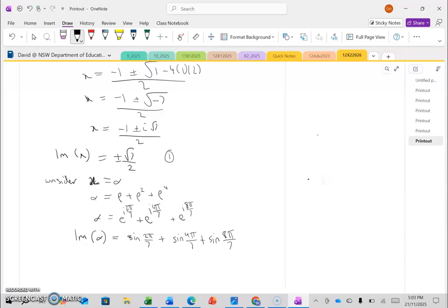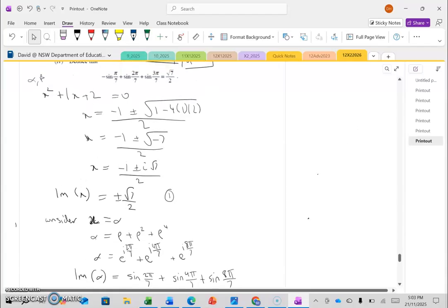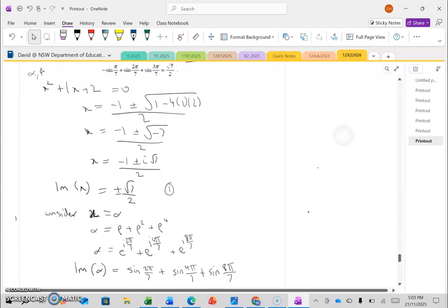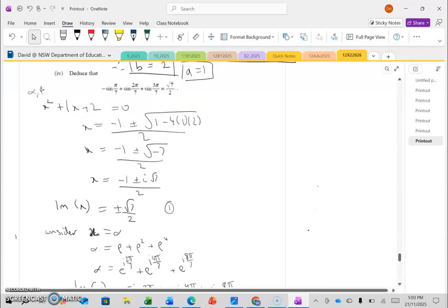Okay, now those angles don't seem to match up exactly with what we're trying to prove. But if we use some properties of sine, we want pi on 7. Now convince yourself, negative sine pi on 7, that's going to be this one, because that angle is in the third quadrant.